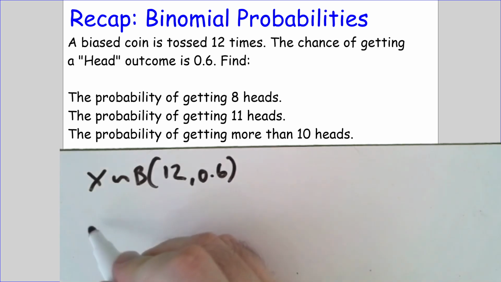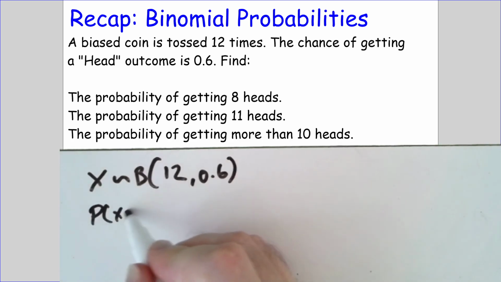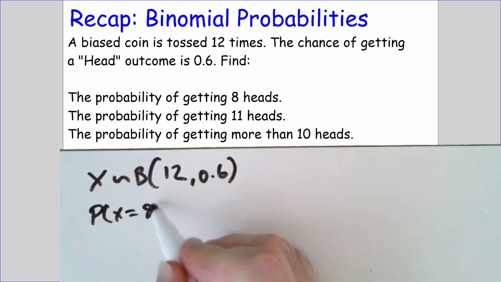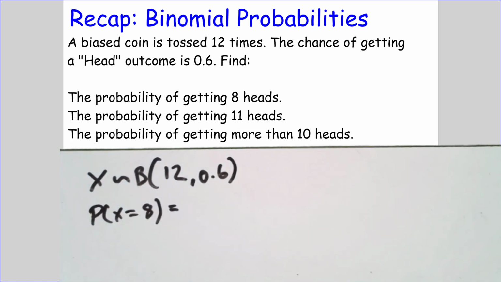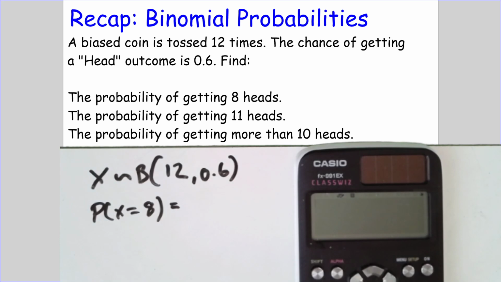So the first one, probability X equals 8, we're going to use our calculator to work this out. If you want to pause this, have a go at it yourself, and then we can see if you can do it. On your calculator, instead of using the binomial expansion, we're going to use a version of this.